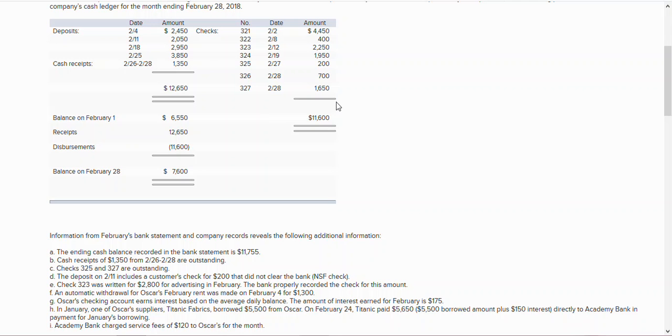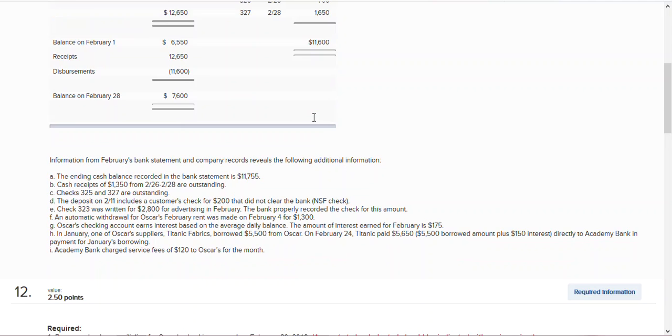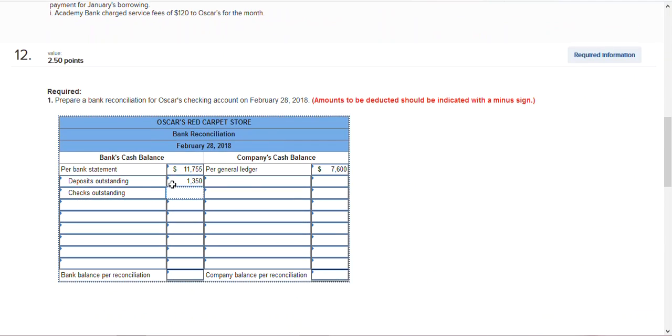So looks like $1,850 if we add those together. And when the bank gets those checks, they're going to take those out of our bank account, and so that's going to be a subtraction. I can't do this in my head, so let me get my calculator and see what our balance is, because that's probably all that there is.